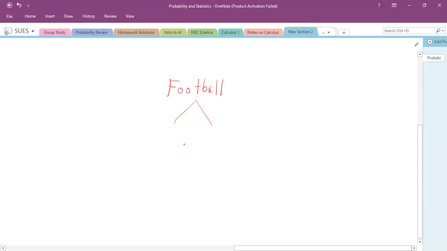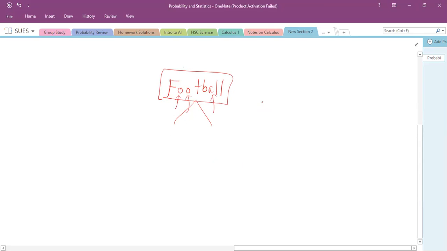We have to arrange this word so that all the vowels are always together. So here the vowels are O, O, and A, right? We have 3 vowels here.